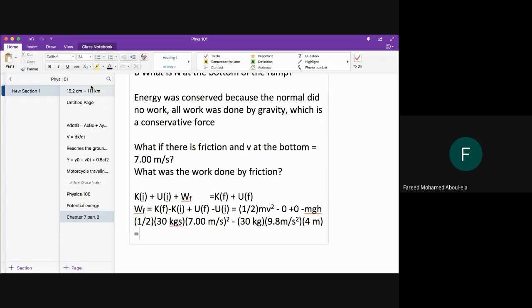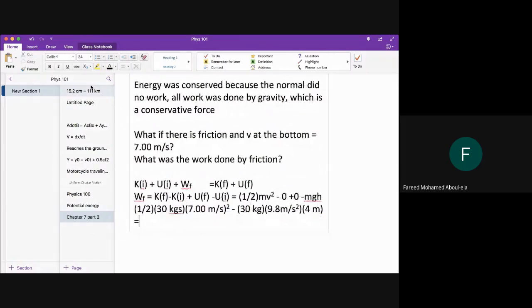Okay, so if you substitute all that in, we get, or at least this is my calculation, minus 441 Newton meters. So let's check our units. We have kilograms meters squared per second squared. So remember, a Newton is a kilogram meter per second squared. So this is a Newton meter or a joule. A joule or a Newton meter is the unit for energy.